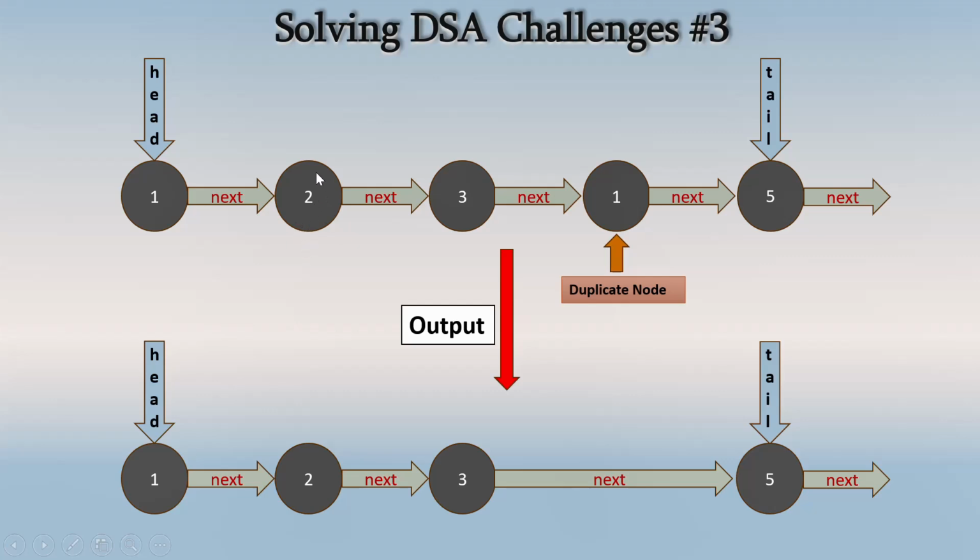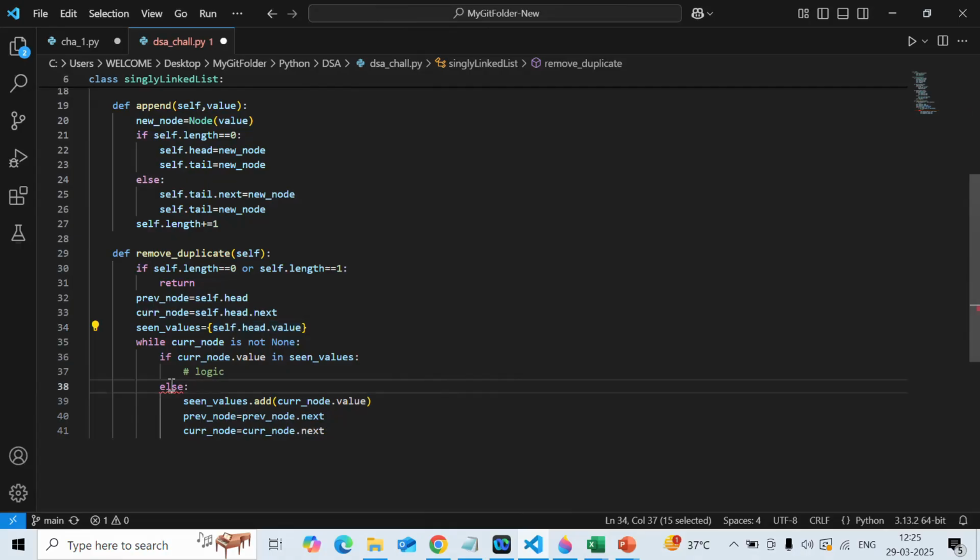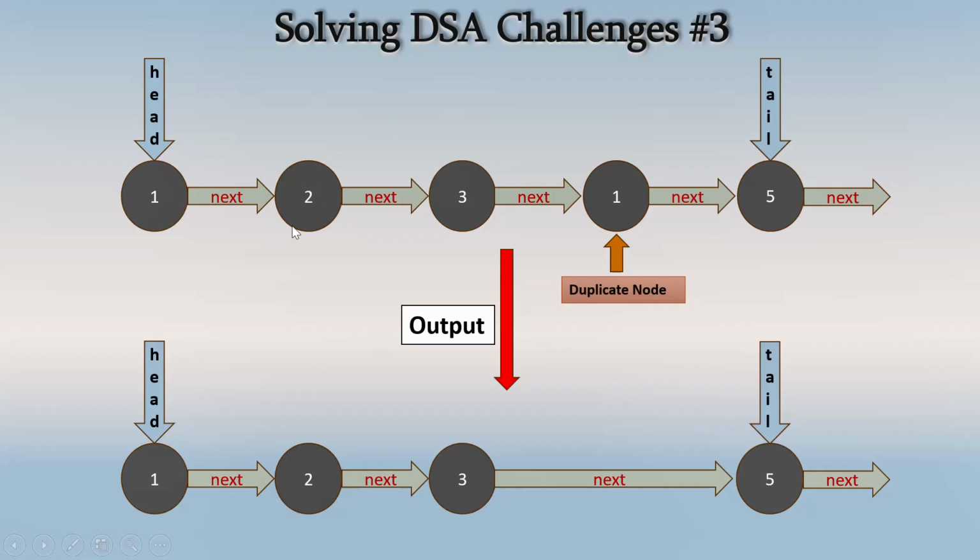So current node value is 2, is it present in any of the previous nodes or not? So the answer is no. So we'll go inside this else. It will add the second node value in this set, and it will move the pointers to their next nodes. So 1 and 2 will be stored in the seen values set, and current node will point to node number 3, and previous node now points to node number 2.